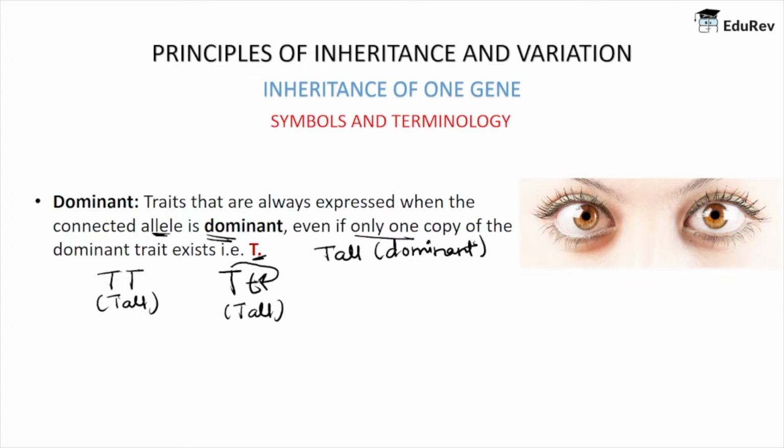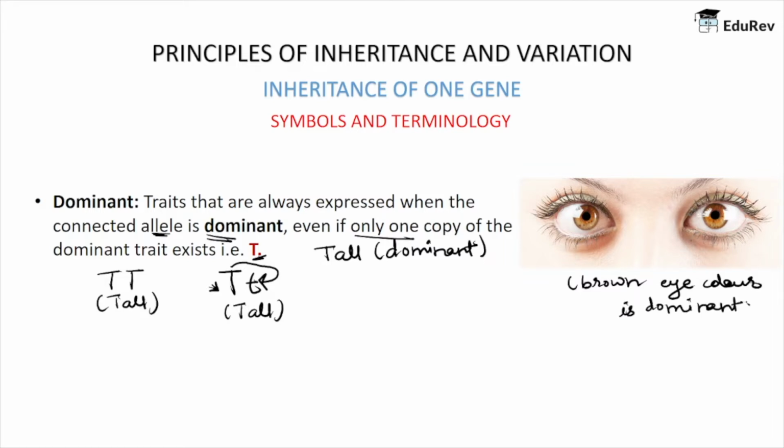It is not letting that small t express itself because capital T has dominant features. That is why that person will again be tall. So this is known as dominant traits. In case of eye color also, brown eye color is dominant.